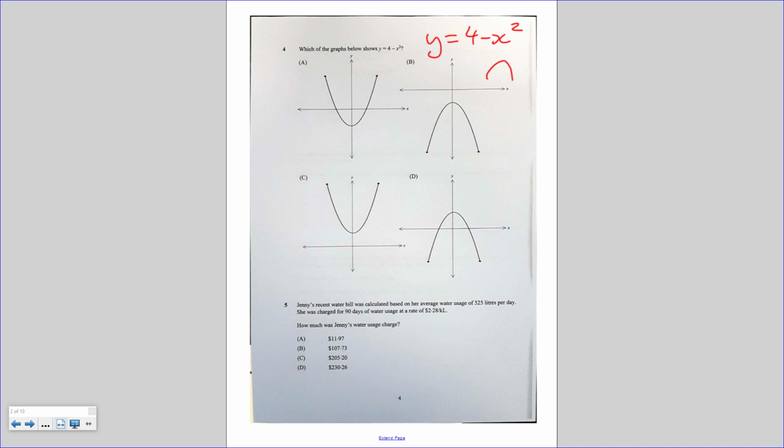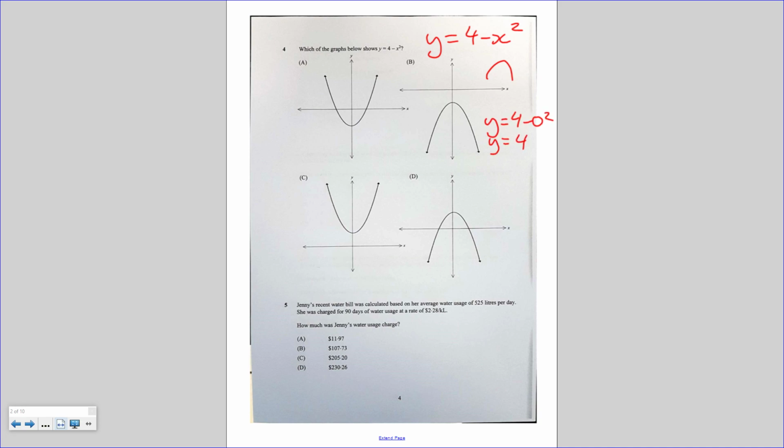Well, what we can do from there is find one point on the line, maybe the y-intercept, and then we can find which one it is. So let's make x equals 0 in this, because if we make x equals 0, we'll find the y-intercept. So y equals 4 minus 0 squared, that will just equal 4.